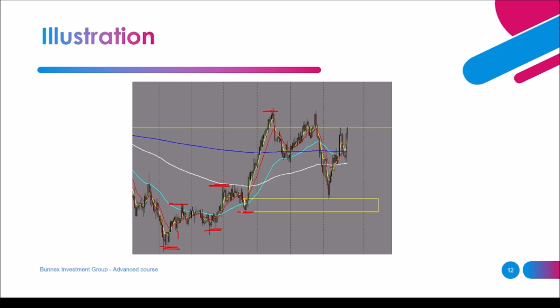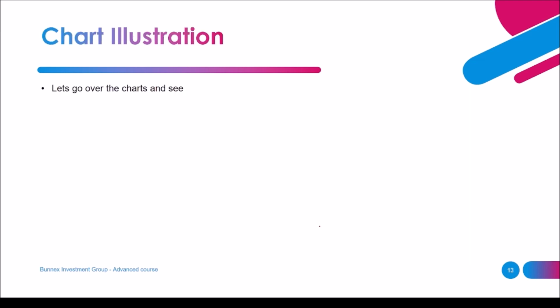In this case, we can see that after we had 1, 2, and 3, we made a pullback to come back to the order block, which is a third level initiator. As you can see, the market came and retested this order block. Market makers added positions to their initial one that they had in this zone. So basically, that is what we only use for order blocks.